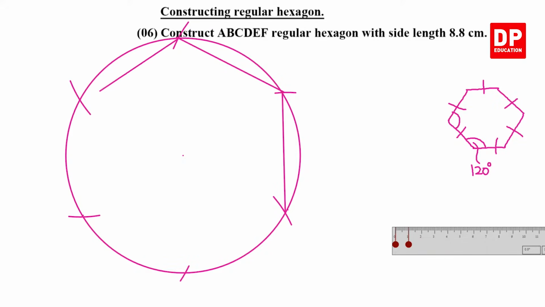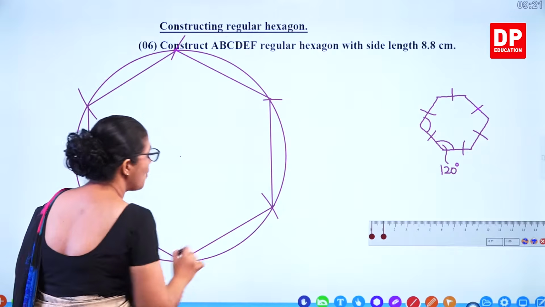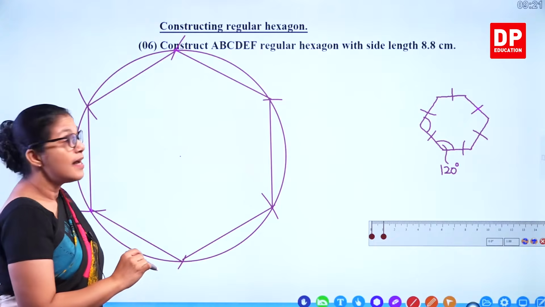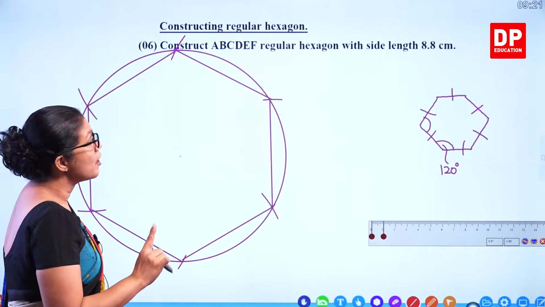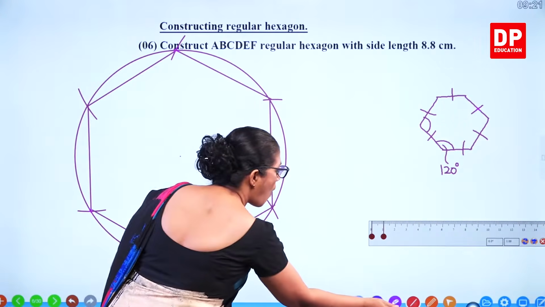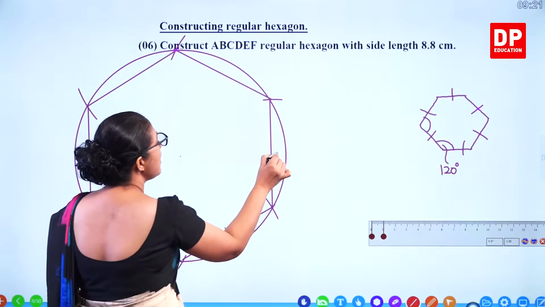And here to here. Here to here. And other points as well. Now you can see you get a hexagon. That's a regular hexagon. All these lengths are equal.